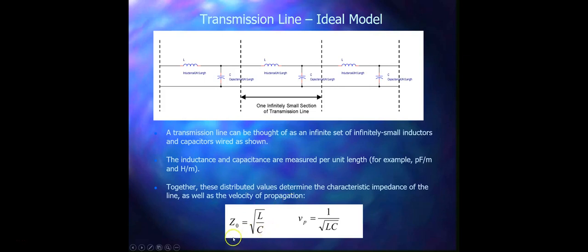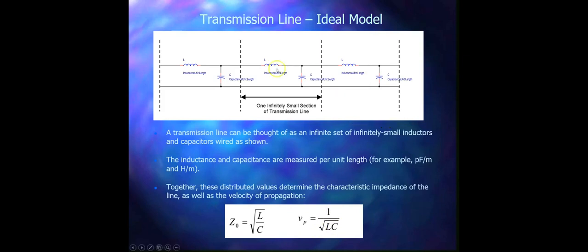So the formula for characteristic impedance is given by this: Z naught equals square root of L by C, and this formula is for velocity of propagation, which says Vp equals 1 by square root of LC. So by these two formulas you can calculate the characteristic impedance and the velocity of propagation.